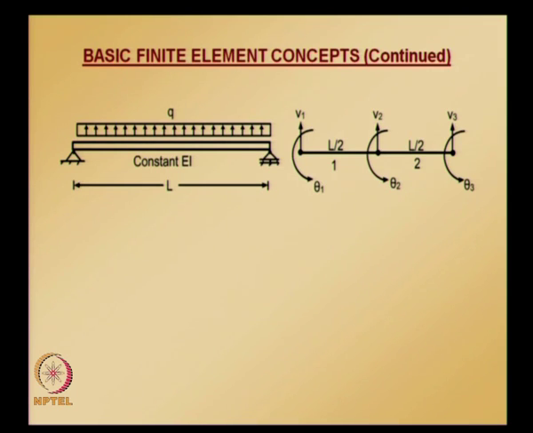Both elements are taken to be of equal length: element 1 has length 0.5L, where L is the total length of the simply supported beam, and element 2 length is also 0.5L. Element 1 has 4 degrees of freedom, V1, theta 1, V2, theta 2, and element 2 has 4 degrees of freedom, V2, theta 2, V3, theta 3.